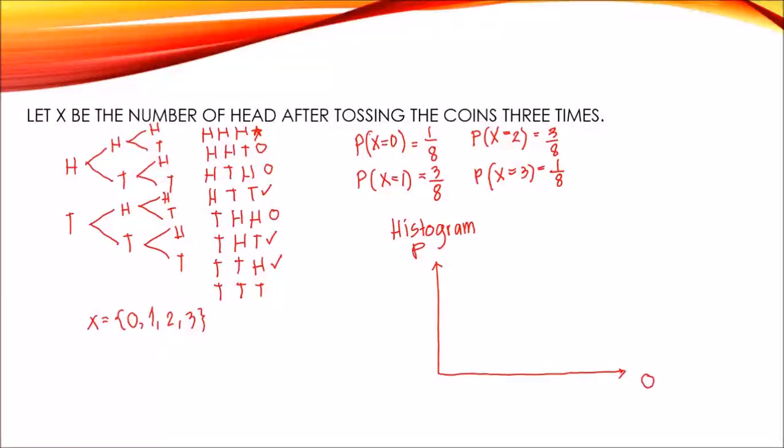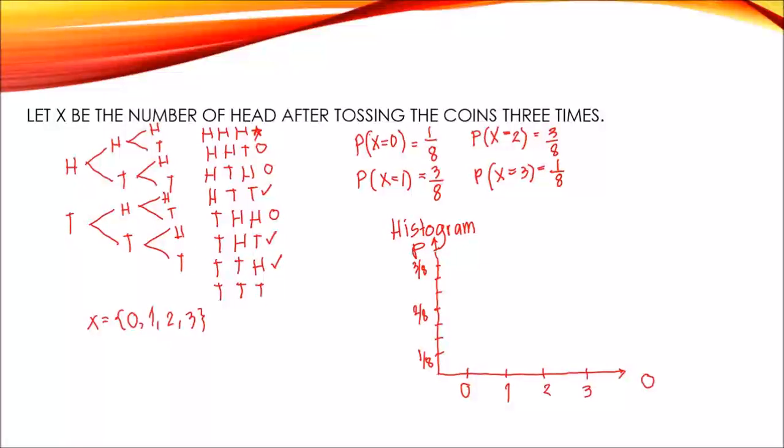The maximum value of probability is 1, correct? So let's divide it by 8, since this is 1 over 8, this is 2 over 8, and this is 3 over 8. And the x-axis is the number of outcomes. We have 0, 1, 2, and 3.